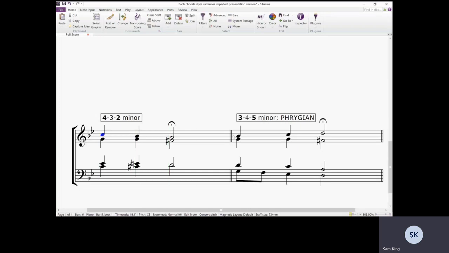And in the next one, you can see the parts moving outwards from each other. So the kind of independence of lines produced by contrary motion is very typical in Bach, and it's also, incidentally, a very good way to minimize the risk of writing consecutive fifths and octaves.